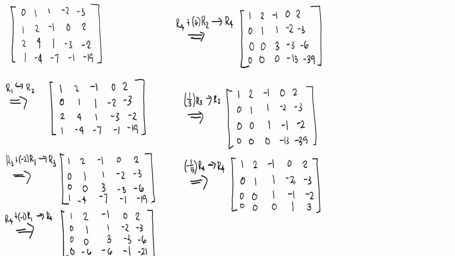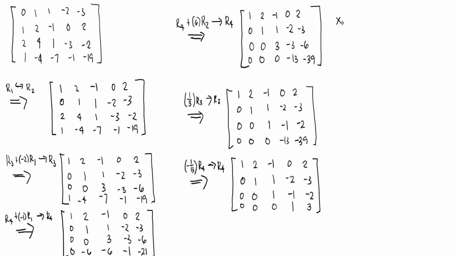So this matrix is now in row echelon form. So we now write the corresponding system and do the back substitution. The corresponding system to this matrix is x plus 2y. Oh, sorry, we use x sub 1.